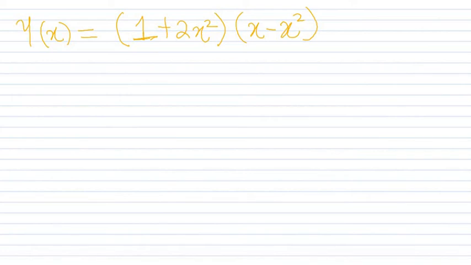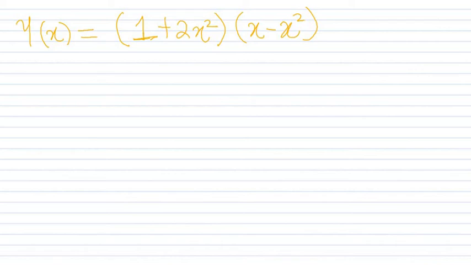So the first thing you're supposed to understand is that this is actually the product rule. Both sides are in bracket. It's trying to tell you that both quantities in bracket are kind of separated. They're almost their own individual thing, but they are still together within the function, right? So 1 plus 2x squared in bracket, and then the next thing x minus x squared.